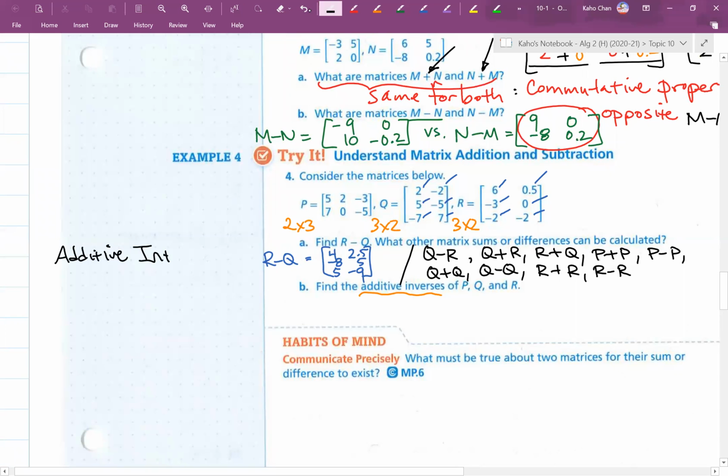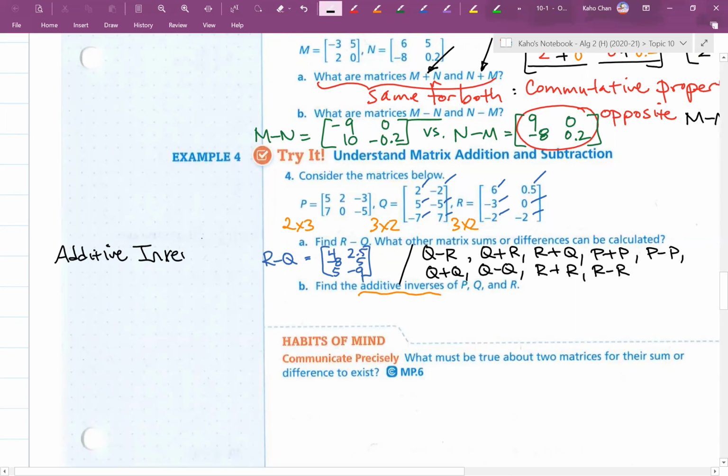Additive means what kind of a number you would add to get 0. So any number you pick, let's just use a generic m. Add it to something will give you 0. In this case, we call that the opposite. It is the opposite.